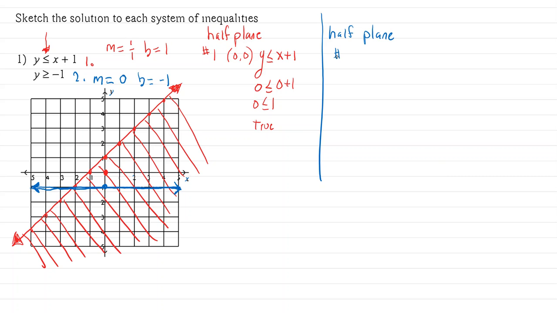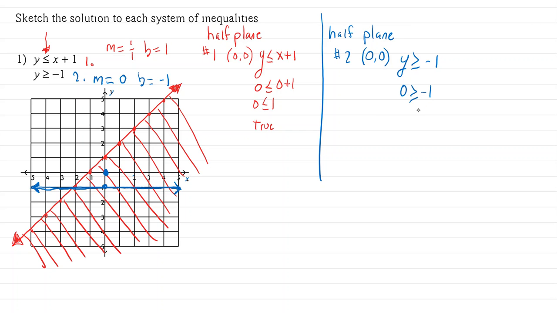All right, now we just need to check for our half plane for equation number 2. Did you notice that 0, 0 is not on the line? So again, this is the best ordered pair to check. Always check the easiest ordered pair that is not on the line. Since this only has a y and no x, all I have to do is replace this y with 0.